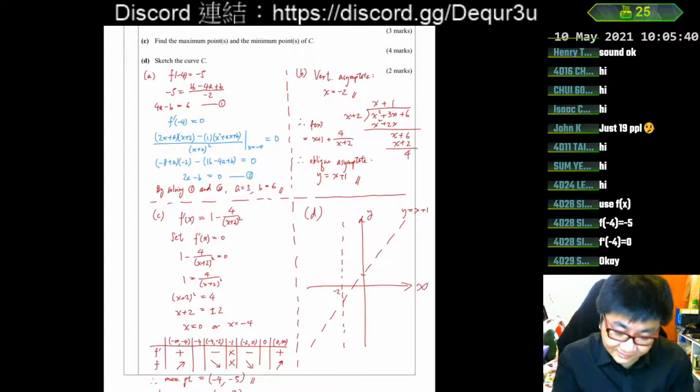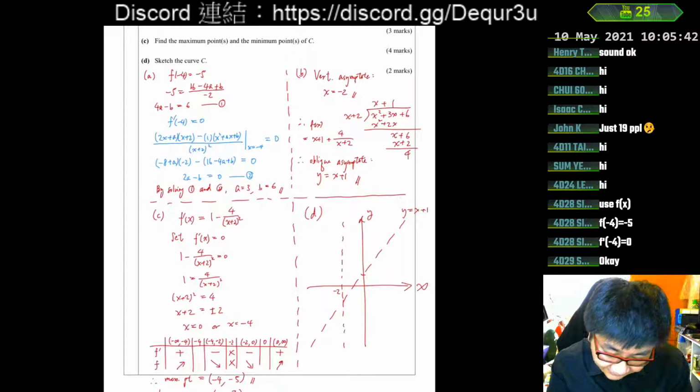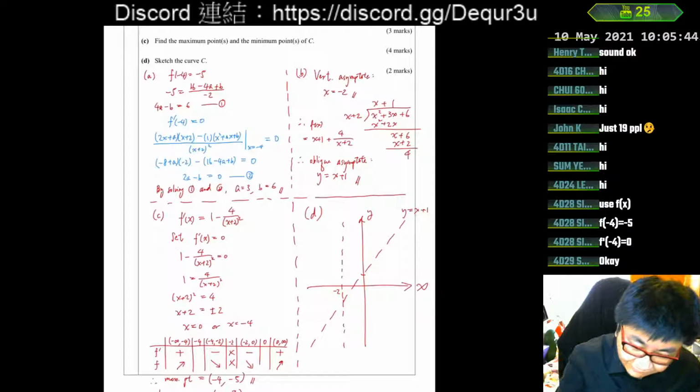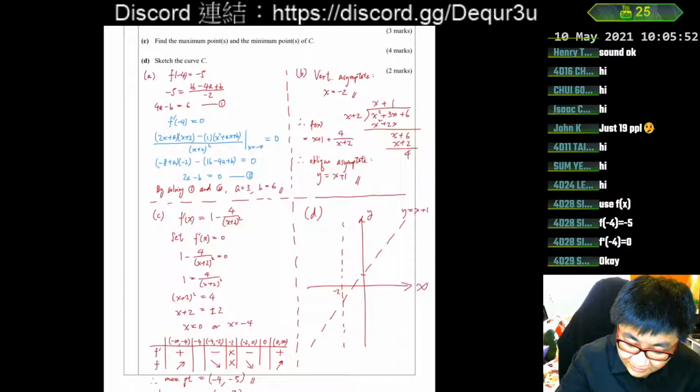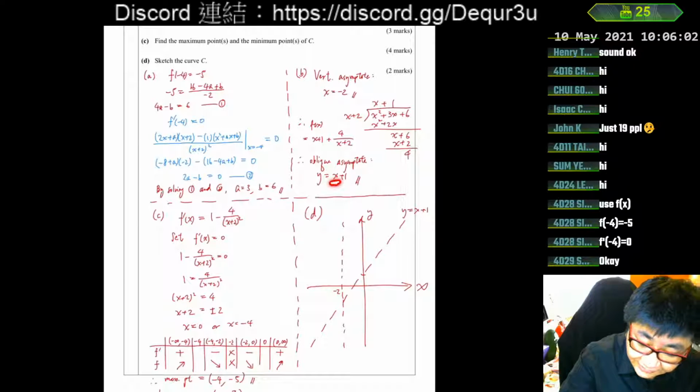Okay, and then next we also put other information into the graph here. So the maximum point is -4, -5. Therefore, we can again also check the up or down position. When x is -4, because we want to compare it to this oblique asymptote, we put -4 in here, then we get -3.